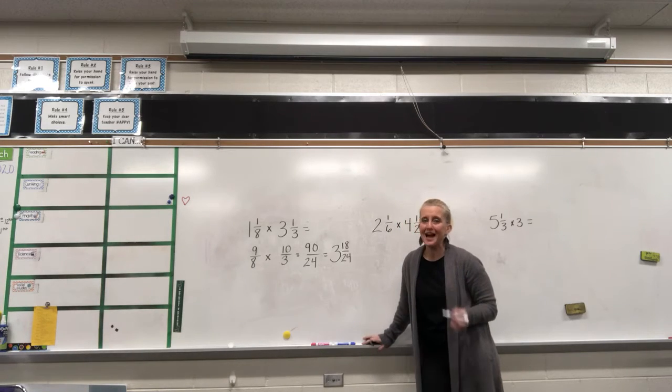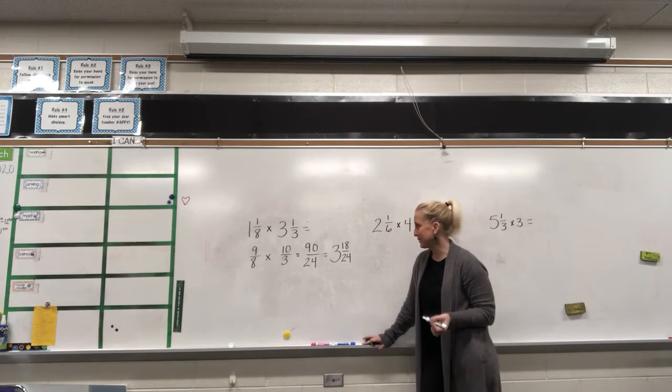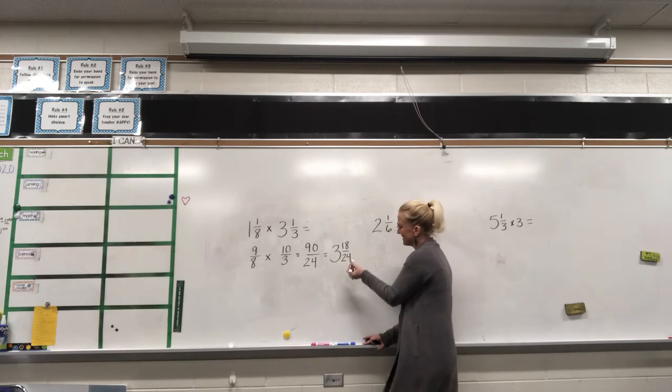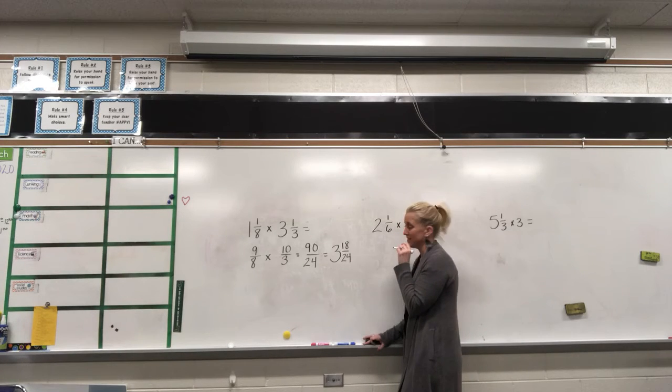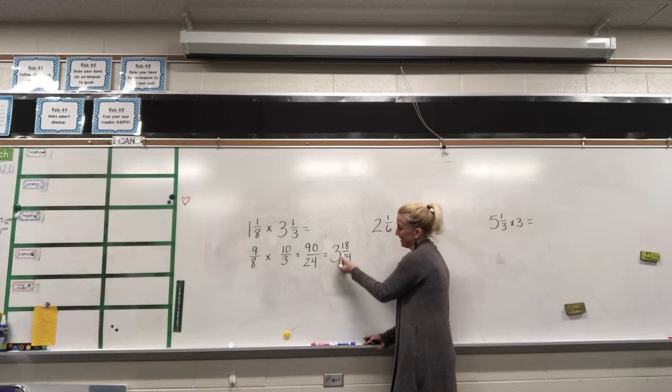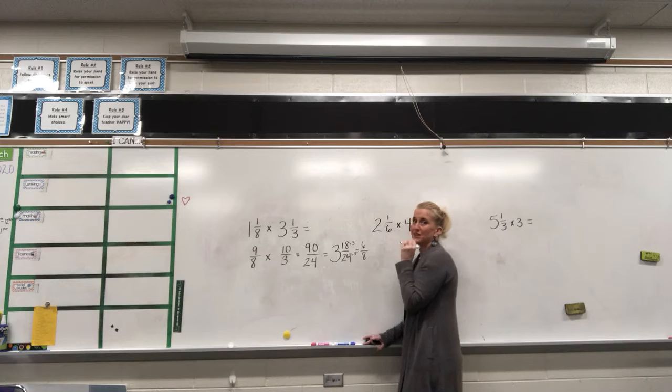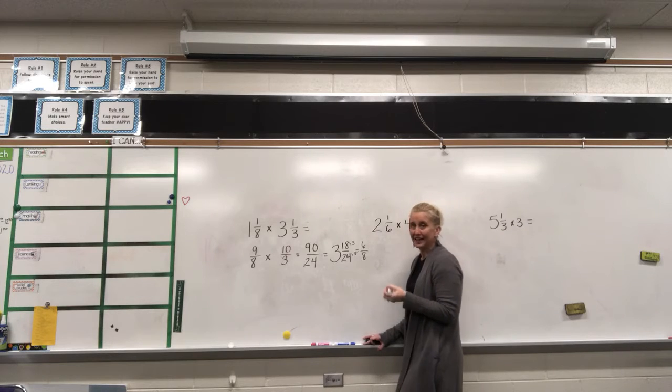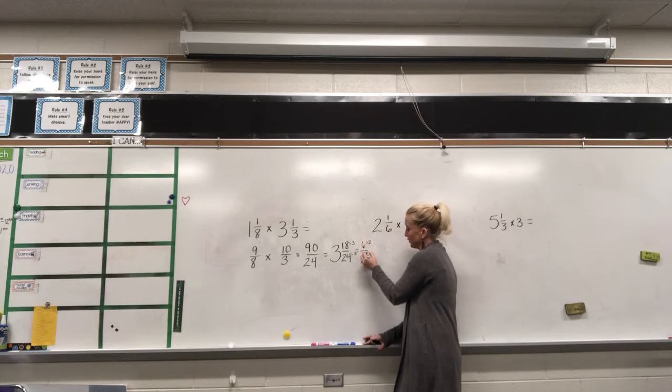But again, we're not at our double Rockstar answer yet because when I look at these, I can do more division. I notice right away that I can divide both those by 3. Well, 18 divided by 3 is 6, and 24 divided by 3 is 8. But then I look and I say again, holy moly, I can divide both of those by 2.